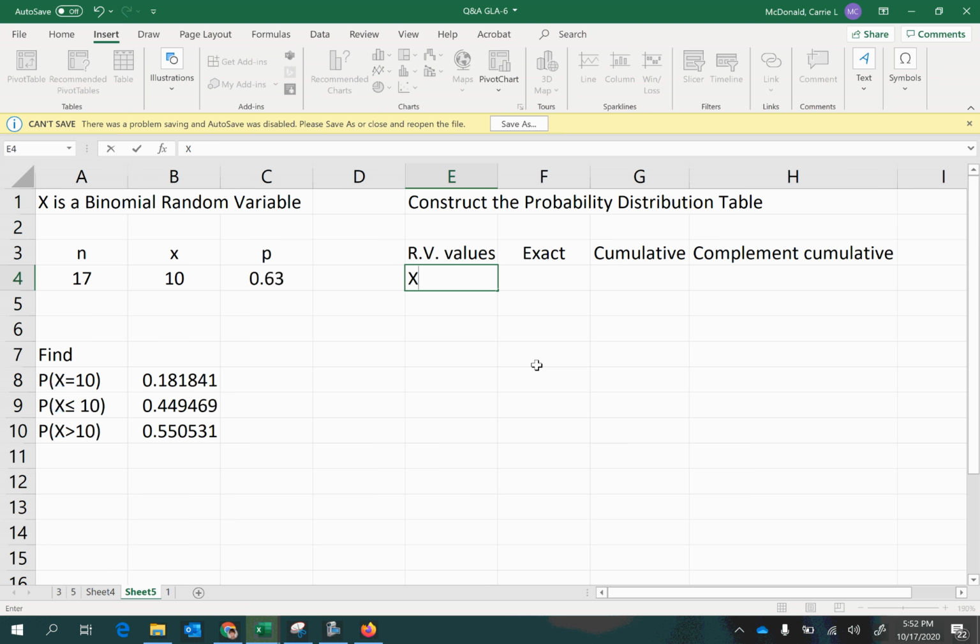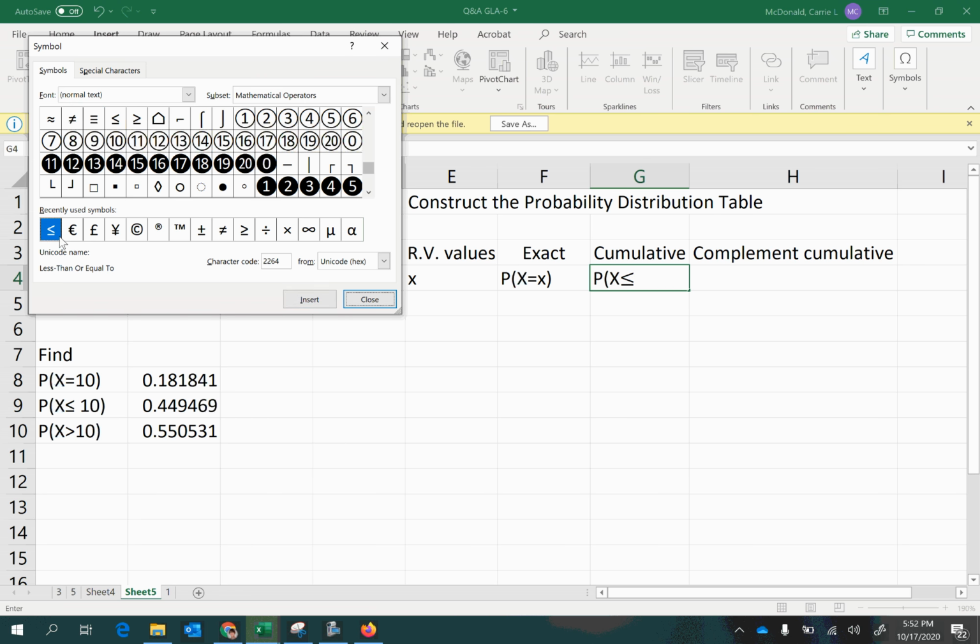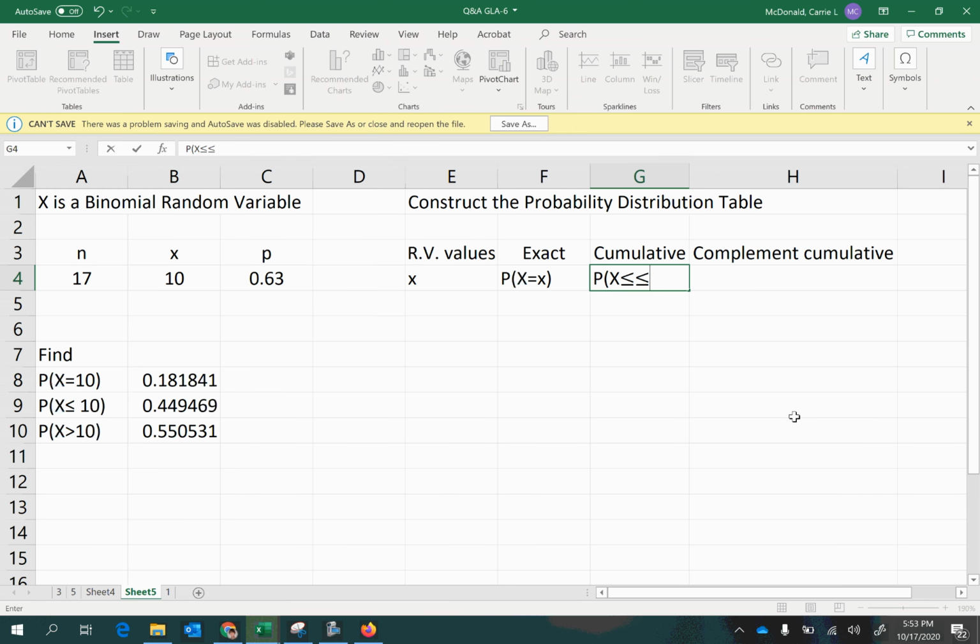So x is the random variable, exact number of successes, the probability of x being exactly equal to x, the probability that x is less than or equal to x, and then the complement would be that x is strictly greater than x, right?